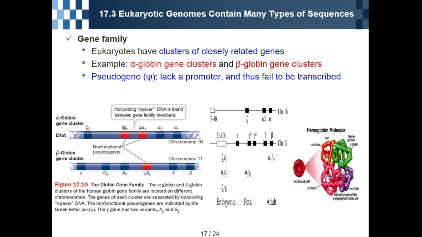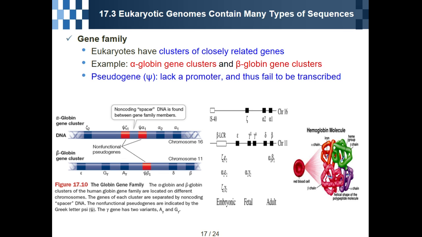So they make zeta 2, epsilon 2, like this. But if we become an adult, our hemoglobin is only composed of 2 alpha and 2 beta.